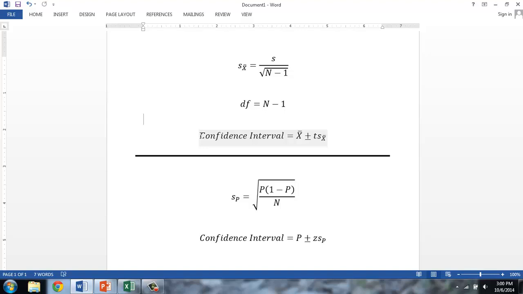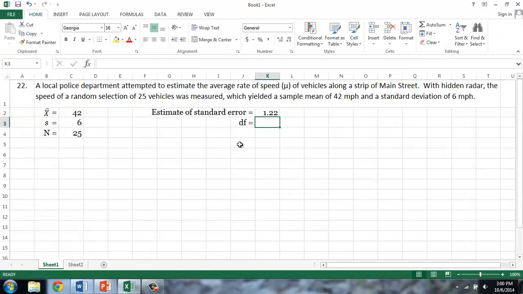In order to determine a t, we need to calculate the degrees of freedom and use that to find a t-value from a table in the back of our textbook. So our degrees of freedom are equal to n minus 1, in this case 24.